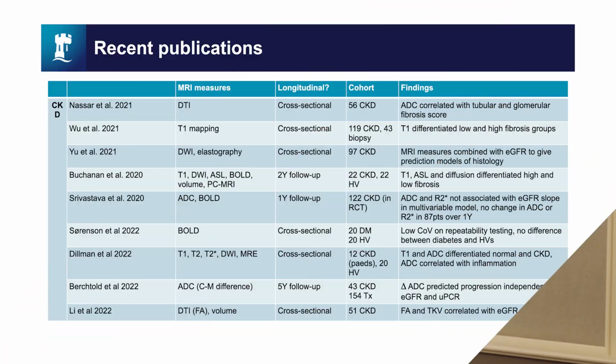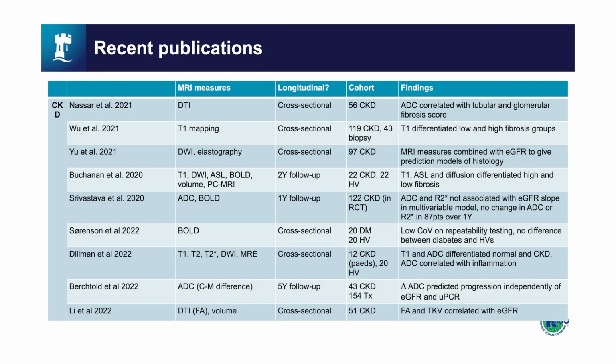The cross-sectional data comparing MR measures to fibrosis scores on biopsy is expanding, and possibly we can differentiate different thresholds. And we're starting to see prospective studies relating MR measures to longer-term outcomes, although currently the published data are still only single-center studies.